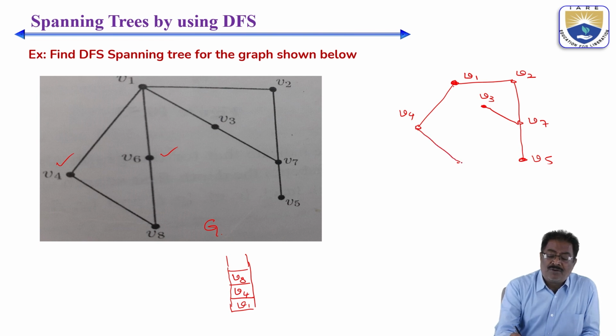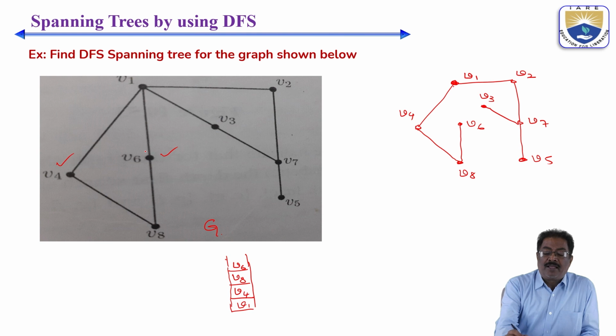After that the adjacent vertex is V6, so V6 is also pushed into the stack. From there the adjacent vertex is V1, which is already visited, so we backtrack. While backtracking, we pop V6, then we are having V8.